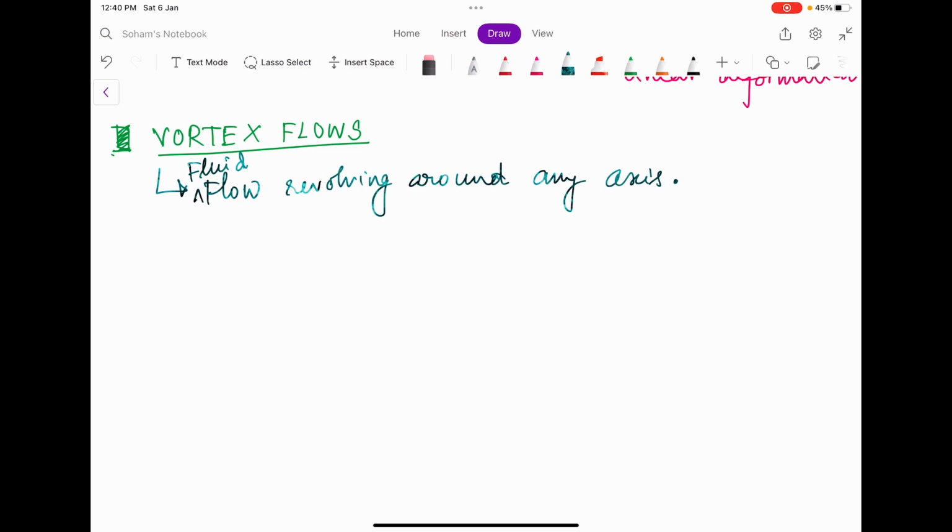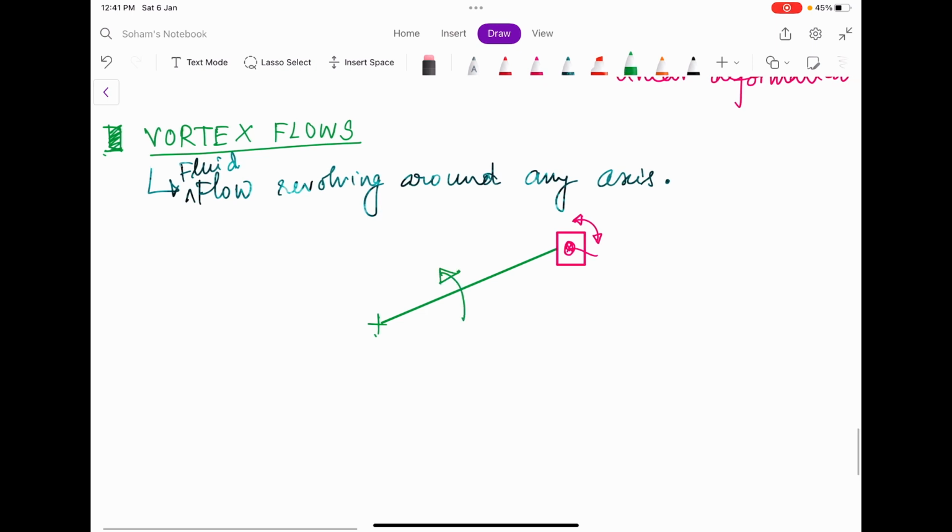Okay, so what I am trying to say is, if this is the center and I have the compartment here like this, okay, so maybe this compartment can rotate about its own axis, about this axis. Okay, and also this is having a rotation about this axis.